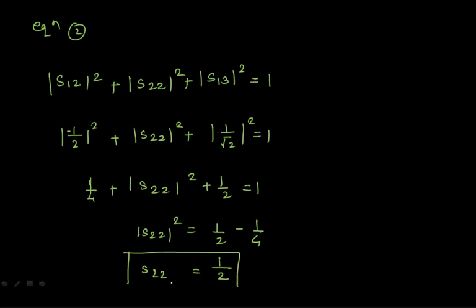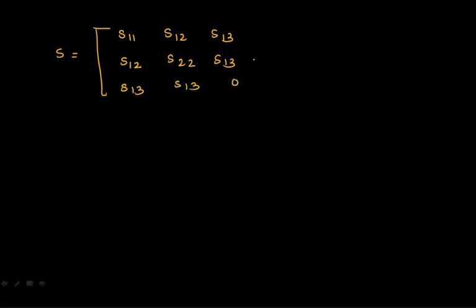So putting all these values in the matrix which we have seen: S is equal to S11, S12, S13, S12, S22, S13, S13, S13 and 0. We have got all the values here.